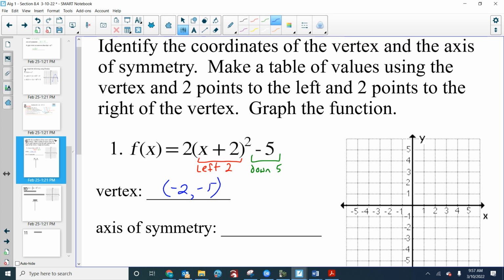Do you agree? What's the axis of symmetry? x equals -2. Our vertical line that cuts the parabola in half is at x equals -2. Nice dotted line. And we have our vertex at -2, -5.